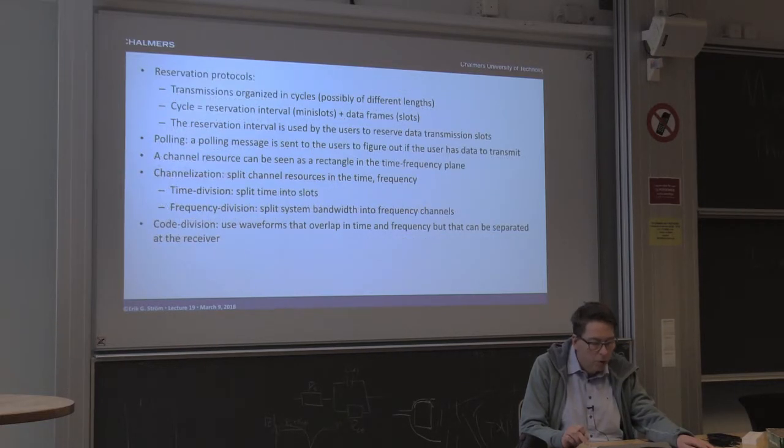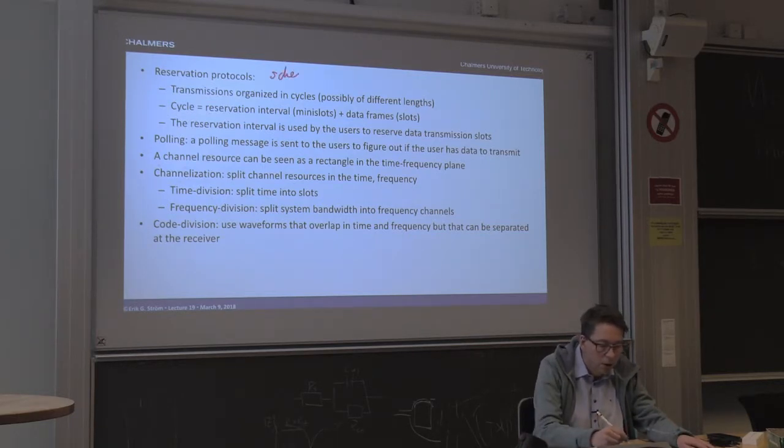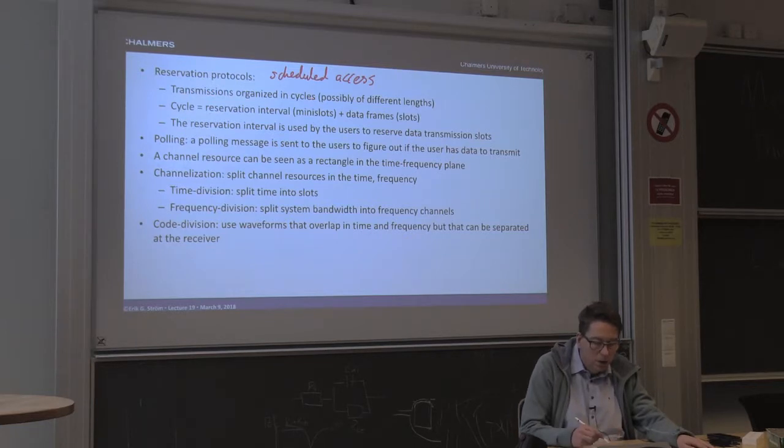Reservation protocols. This is scheduled access. Transmissions are organized in cycles. A cycle starts with some reservation slots like this, where stations agree upon in which order to transmit and so forth.